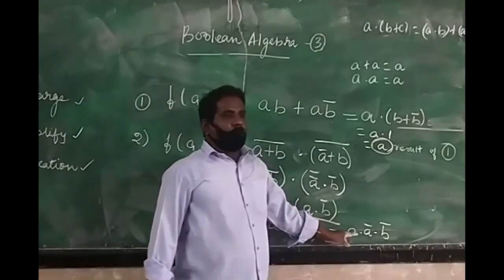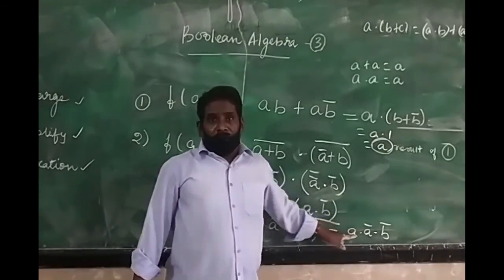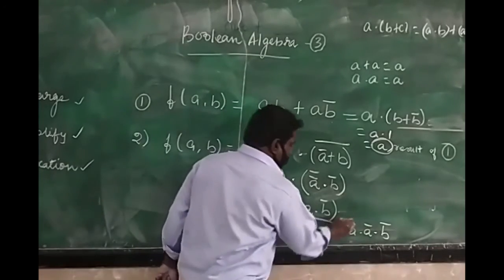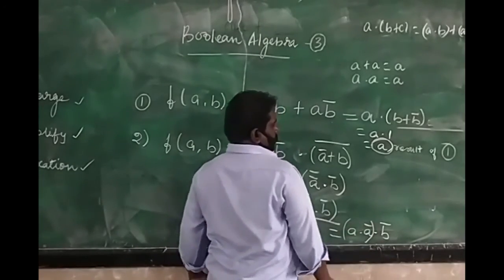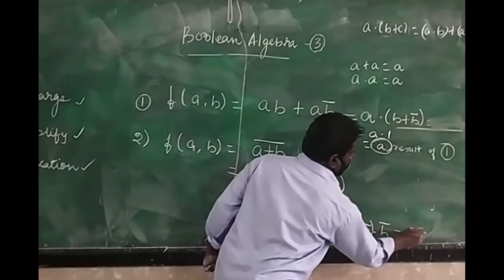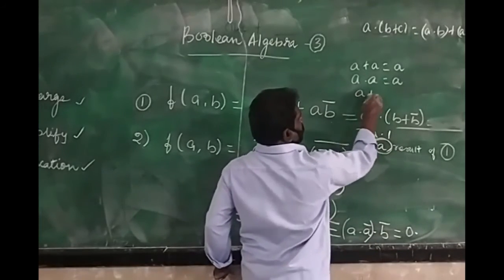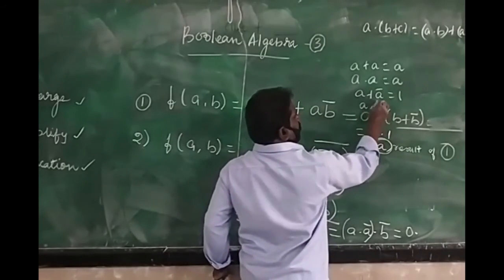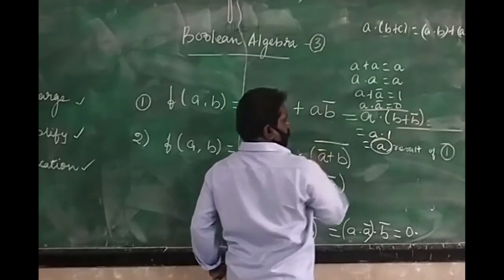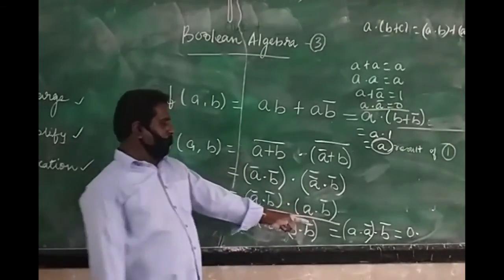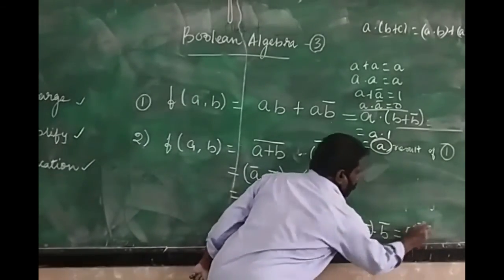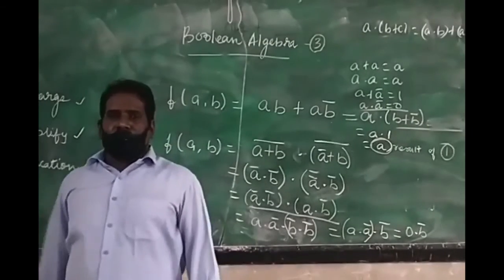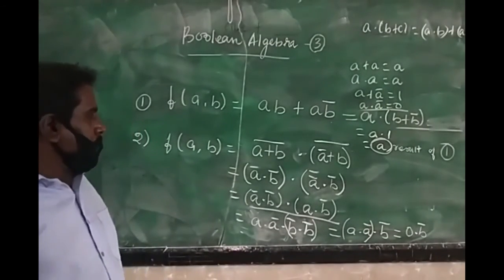Then what is the next one? According to the complement law, A dot A bar is 0. The law of complement: A plus A bar is 1, and its dual is A dot A bar is 0. So it will be 0 dot B bar. What is the value of 0 dot B bar?